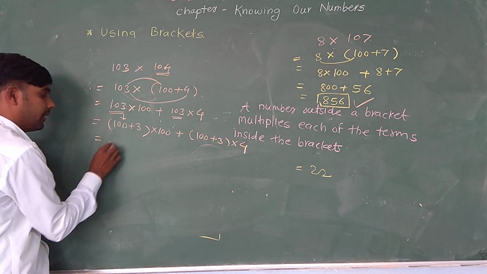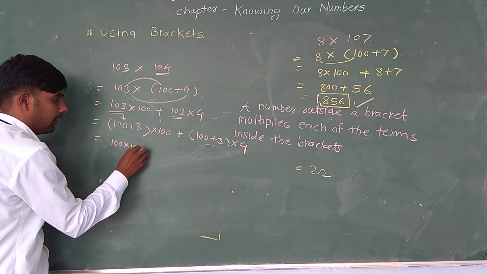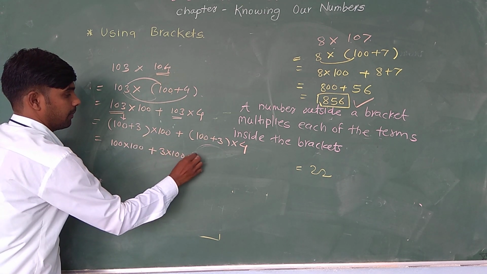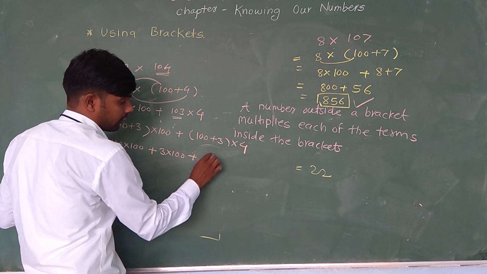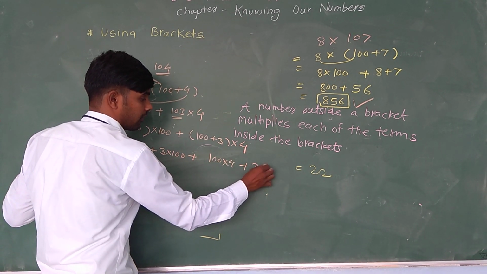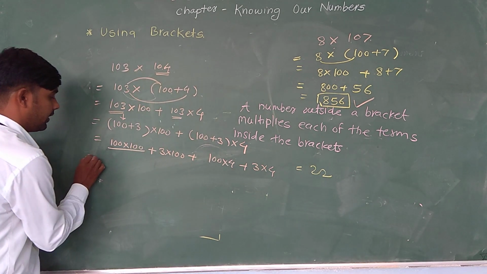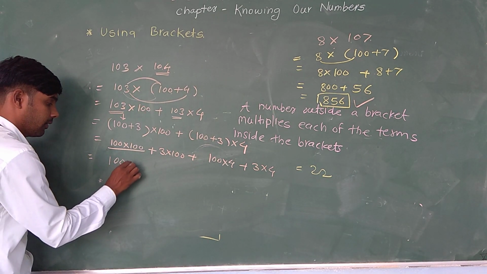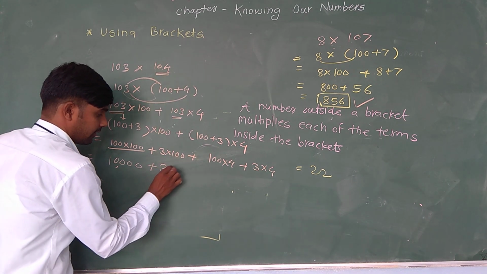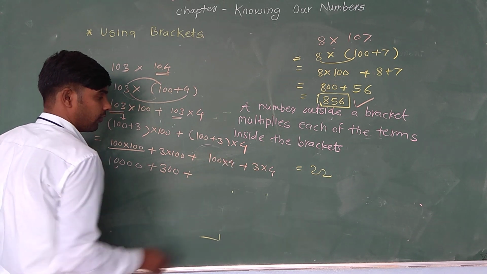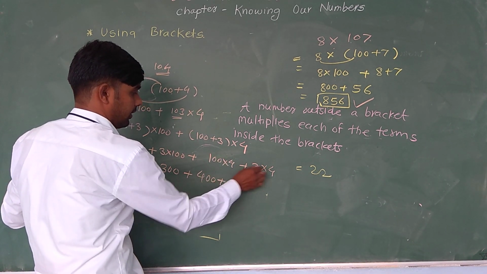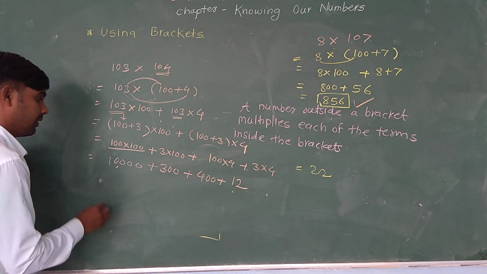Now 100 into 100, very simple, plus 3 into 100, plus 100 into 4 by using the distributive law, plus 3 into 4. 100 into 100 is 10,000, plus 3 into 100, 300, plus 100 into 4, 400, plus 3 into 4, 12.